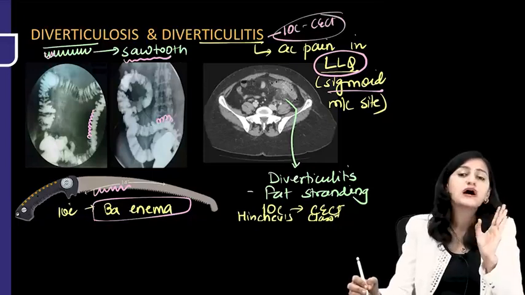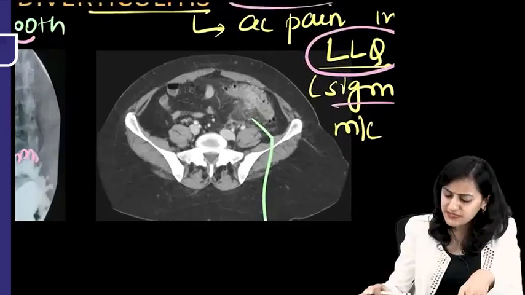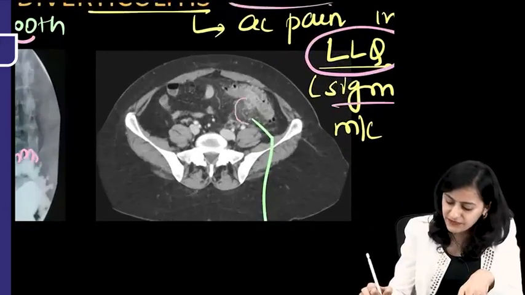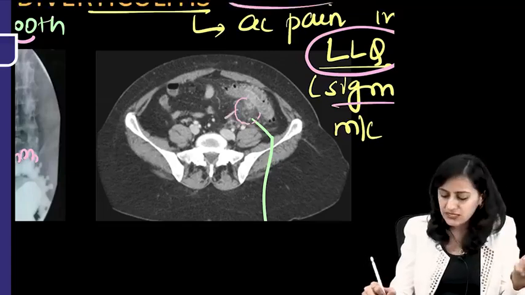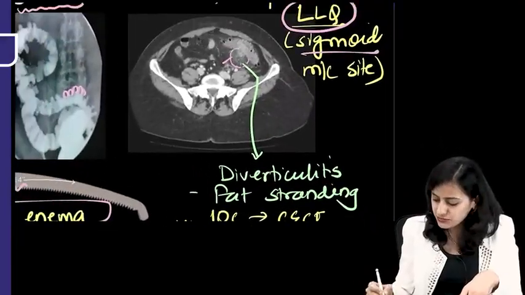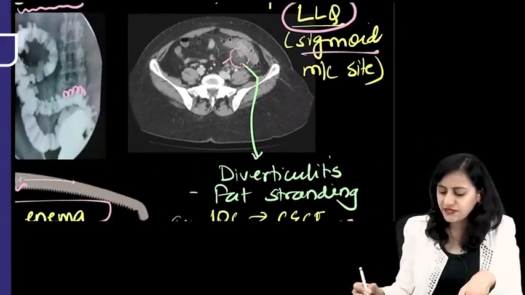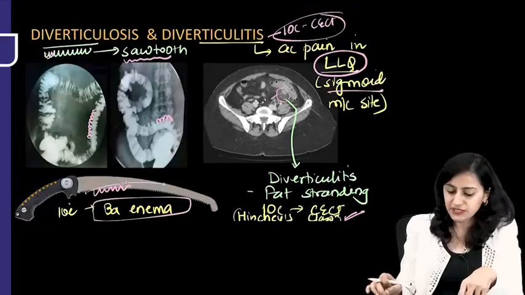We don't do barium in acute inflammatory conditions. So in CECT, what you might see is, surrounding the diverticulum, this fat stranding area which tells you there is inflammation. It might show the perforation, the fluid going out. The classification used is Hinchey's classification, right? So that is diverticulitis.